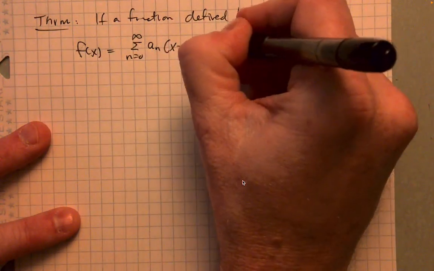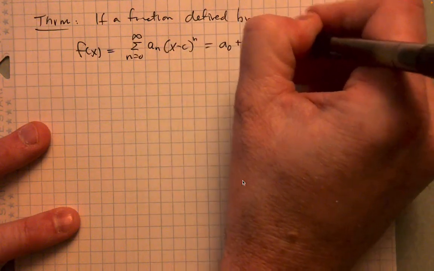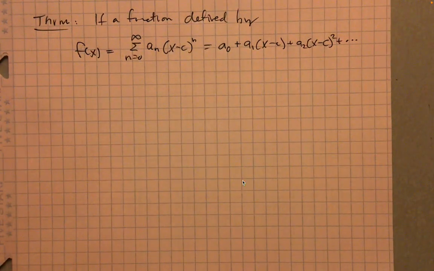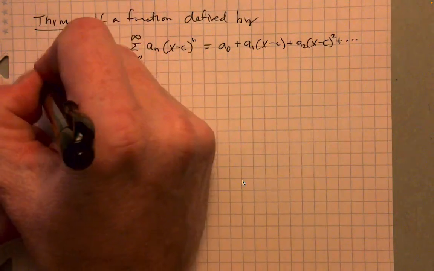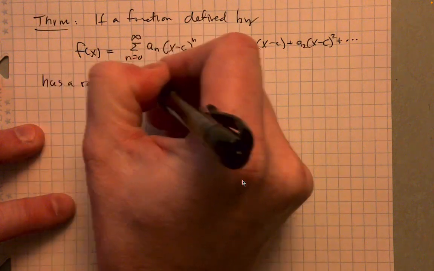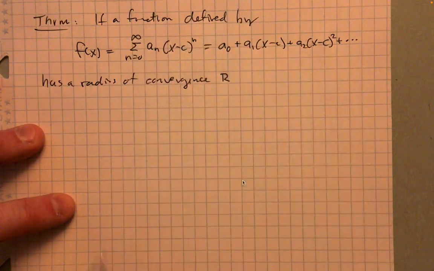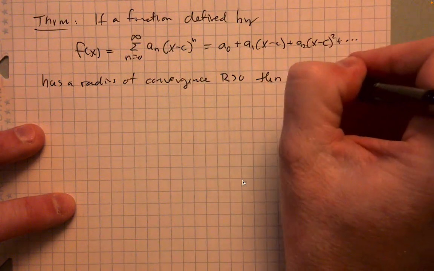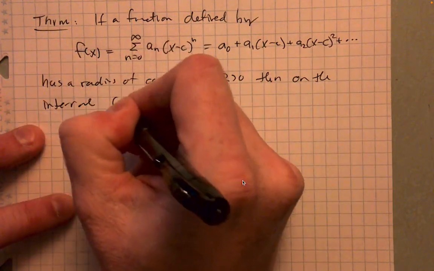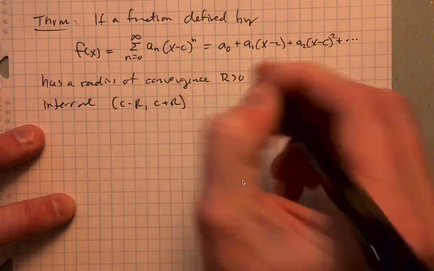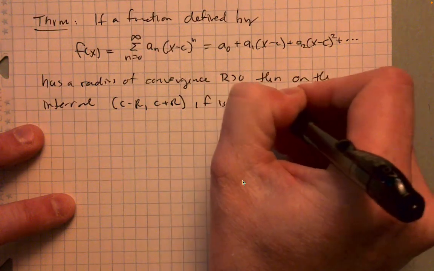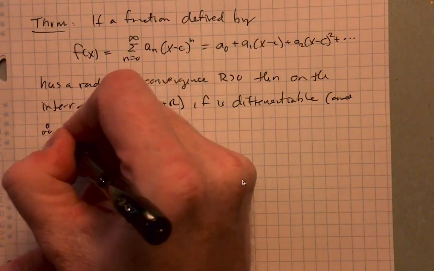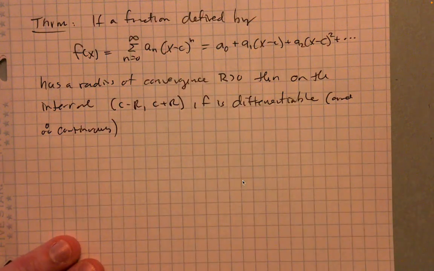We know this is equal to a0 plus a1 times x minus c plus a2 times x minus c squared plus ... If this function has a radius of convergence r greater than 0, then on the interval c minus r to c plus r, f is differentiable, and therefore continuous. That comes with the package.